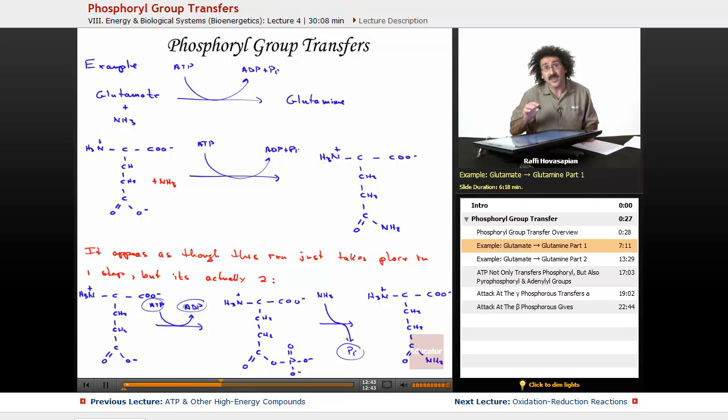The energy of hydrolysis of ATP is used to drive this reaction, but it's happening this way. It phosphorylates, then something else happens. In the process of phosphorylating this molecule, changing it from this to this, I've actually invested energy into that molecule.